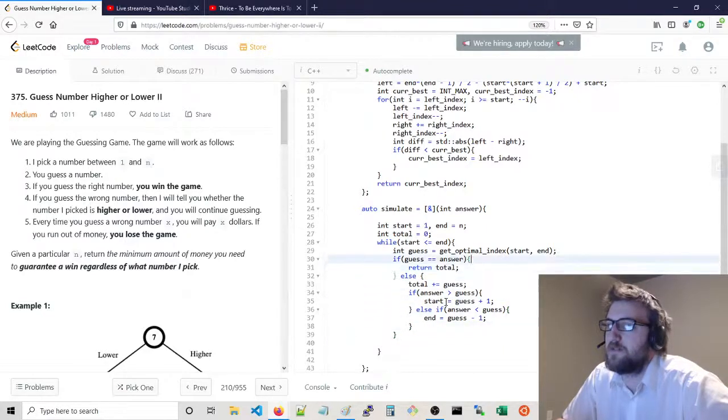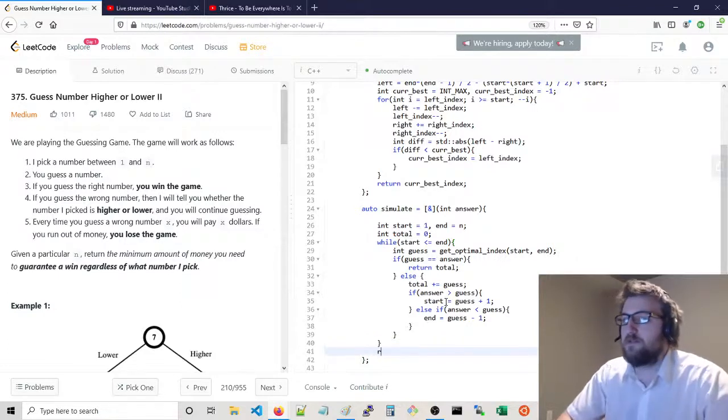So we get our total, and we return this total.